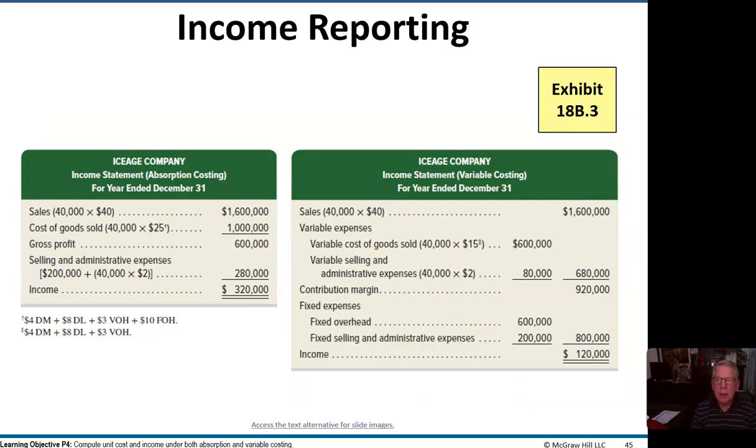Okay, so in income reporting using absorption costing, we can see that results in $320,000 of income, whereas under variable costing, our contribution margin is $920,000, and we subtract out our fixed expenses here and here, and our income is substantially less at 120,000 units, 200,000 less.